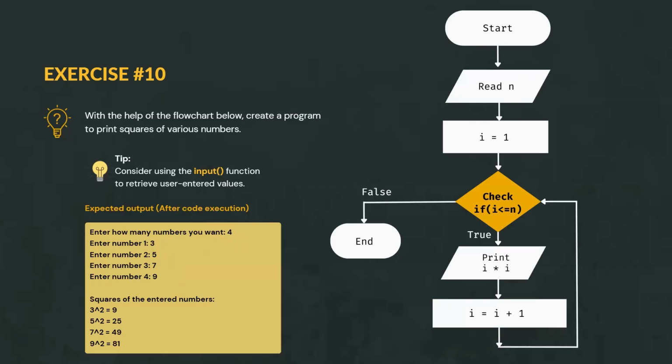And for each number the user entered, we calculate its square by just using this formula, which is number into number, and we print the square in a neat format. It's like telling Python, hey Python, I have some numbers for you, show me their squares. Simple and straightforward. Let's turn that flowchart into real Python code.